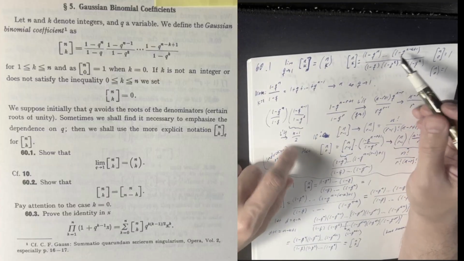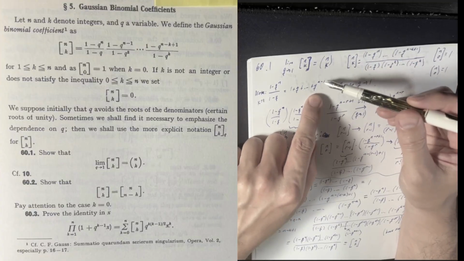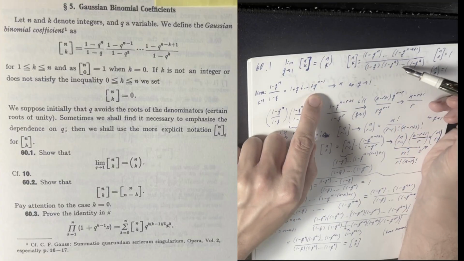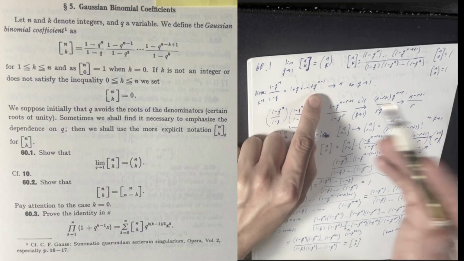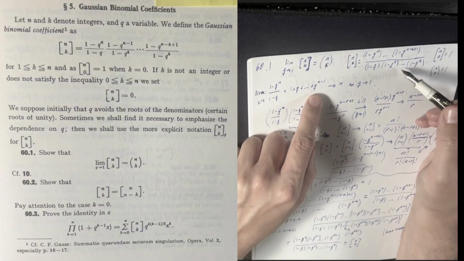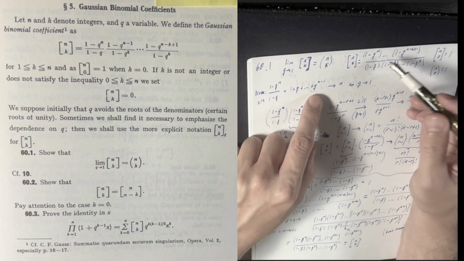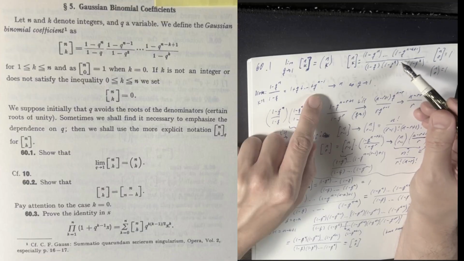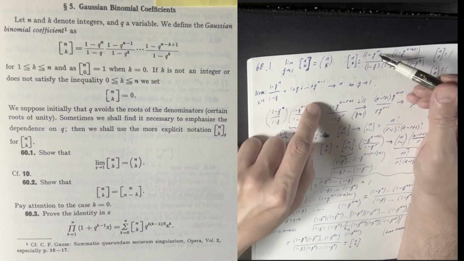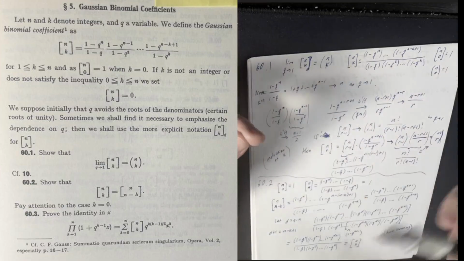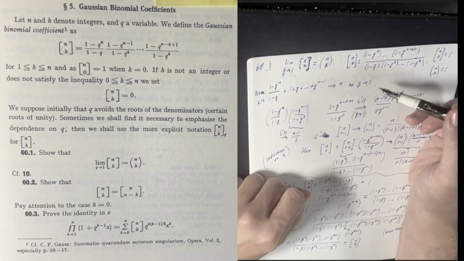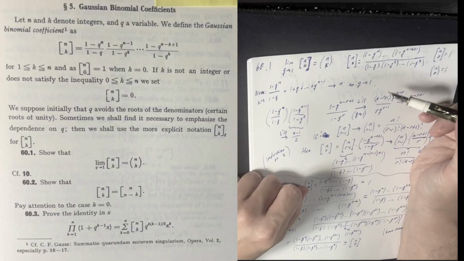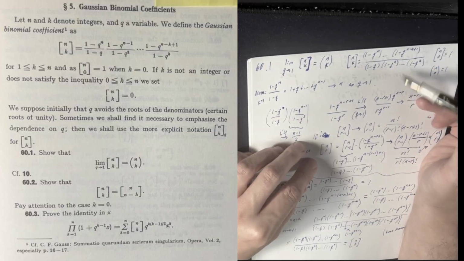But you do get a sum, but it stops one fewer than this. And then for the third one, you get 1 plus q cubed plus q to the 6, etc. For the third factor, the 1 minus q to the n minus 2 over 1 minus q cubed. So again, we're going to stop at q to the n minus 2, but you're getting multiples of 3 for that third factor.